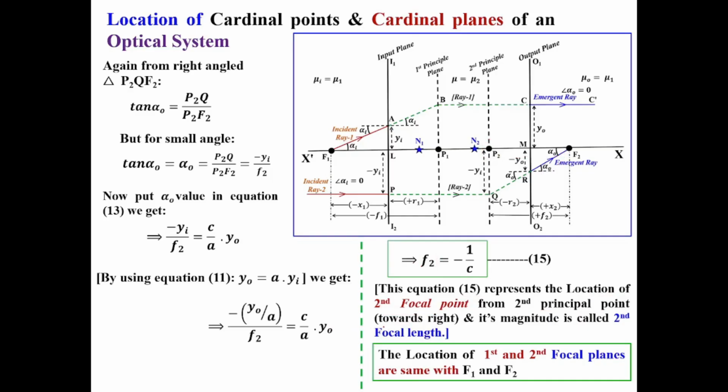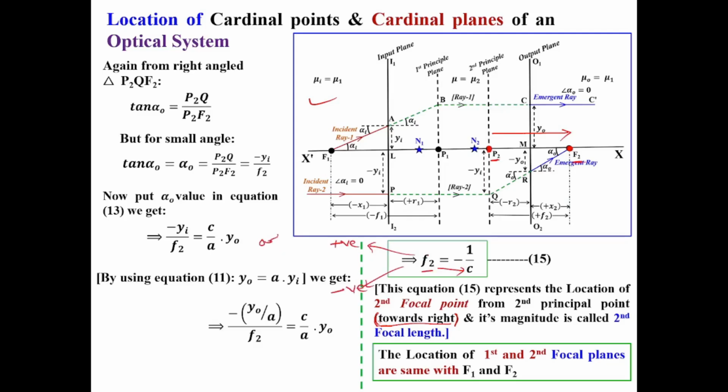Here I am going to repeat the same, that I wrote towards right in bracket. Why? Here in this figure you can see that F2, the second focal point, is situated right to this second principal point. Only for that I wrote it, because in this figure this F2 is located right to this P2, but actually this F2 value depends upon C, and can be positive, can be negative for any arbitrary optical system.